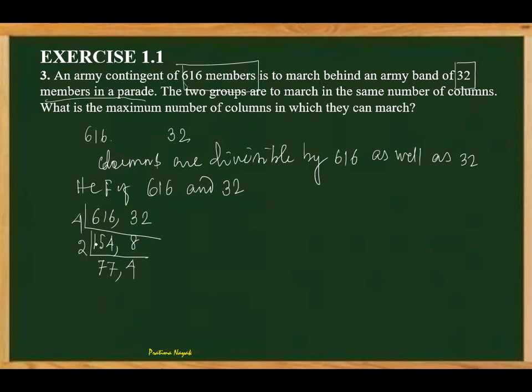So the HCF is 4 into 2, that will be 8. So the maximum number of columns is 8.